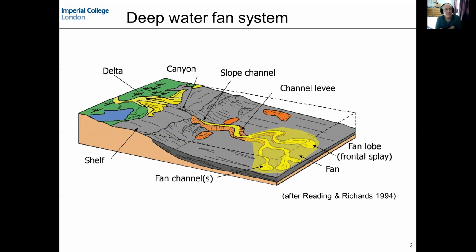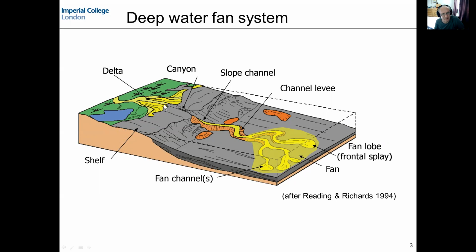So if we have one mental image of a deep water fan system, what would it be? Something like this. So here's the shelf, here's the slope, and here's the basin floor. We have to get sediment out to the basin floor somehow, and typically that occurs through a canyon system, and that canyon acts as the feeder for sediment further out into the basin.